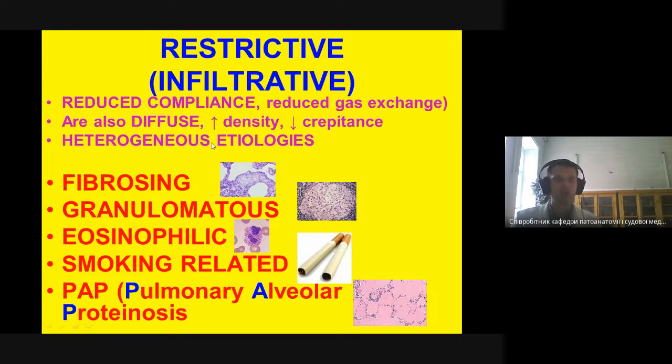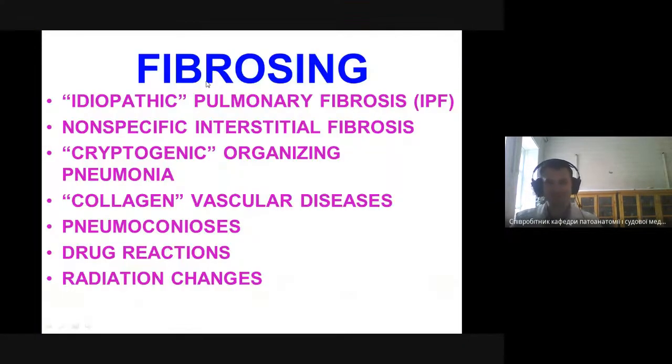Heterogeneous etiologies, fibrosing diseases, granulomatous diseases, eosinophilic diseases, smoking-related diseases, pulmonary alveolar proteinosis with proteins occupying the alveoli. Fibrosing diseases, idiopathic pulmonary fibrosis, non-specific interstitial fibrosis, cryptogenic organizing pneumonia, collagen vascular disease.